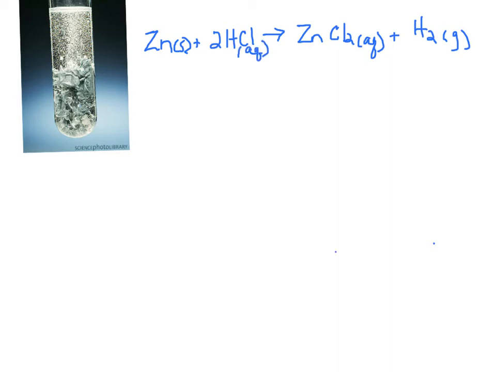So I have zinc, which is an uncombined element, so that's going to have an oxidation number of 0. Then we have HCl, and I know that the oxidation number for hydrogen is always +1 as long as it's bonded to a nonmetal. And so chlorine then would have an oxidation number of -1, since that's a neutral compound and the oxidation numbers have to add up to 0.